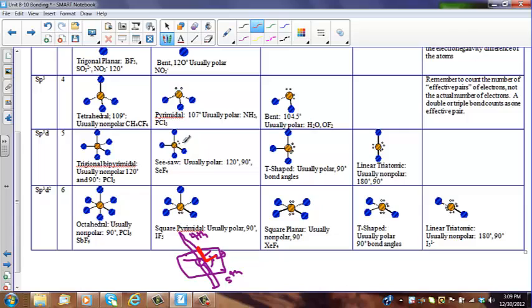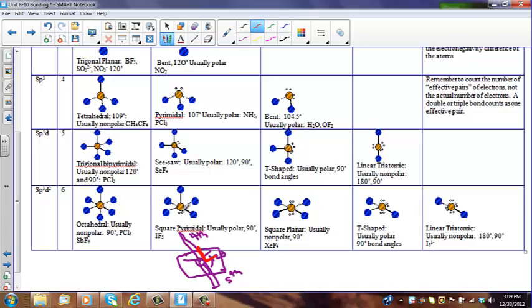This can also be called seesaw if it's got one lone pair, or T-shaped if it has two lone pair, or linear if it has three lone pair. The last one has 6 coming off the central atom, so this is octahedral. So you've got sp3d2, that's the hybridization.